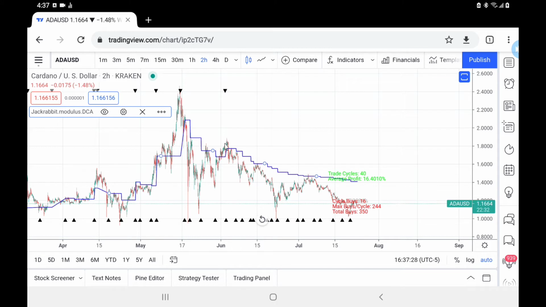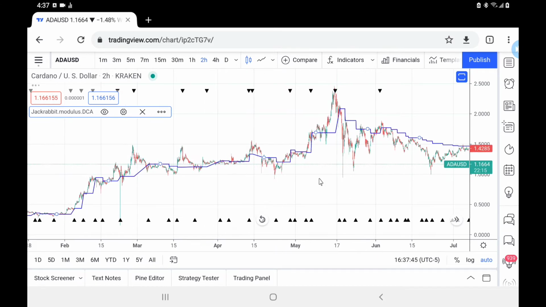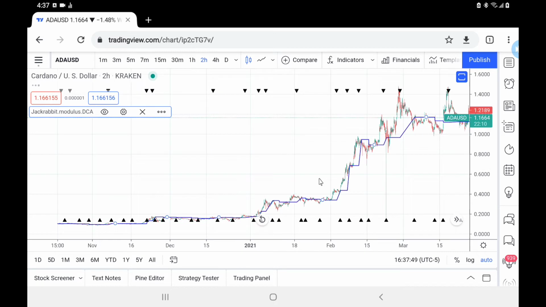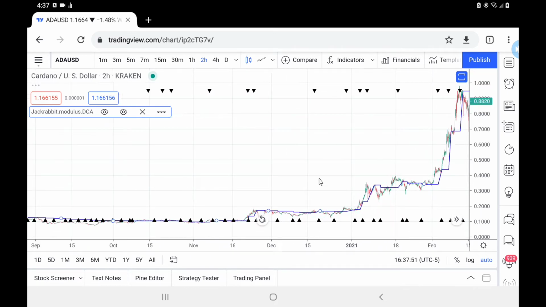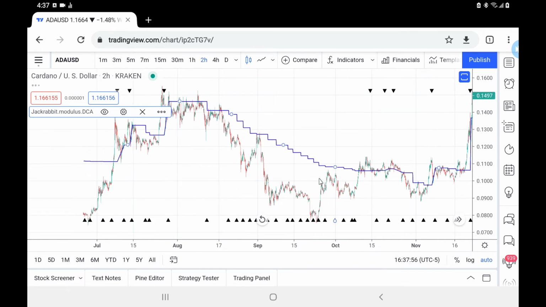Anything above the average is a sell. 244 per one cycle. Let's see if we can find out which one that is. As you can see, this can be both extremely powerful and brutally aggressive.